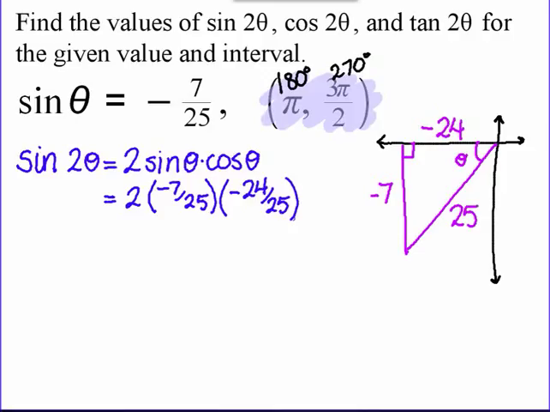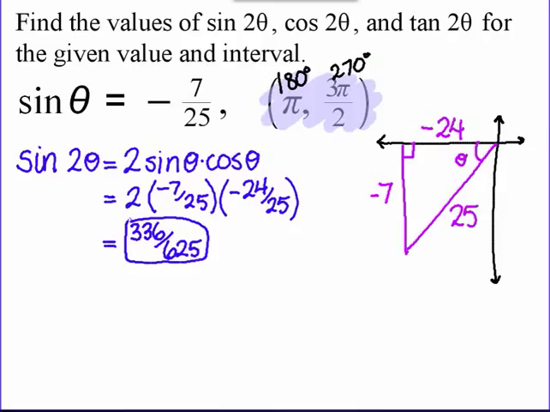And so now all I need to do is calculate that. The easy way to do that, take 2 times negative 7 times negative 24, or you can just take 2 times 7 times 24. 2 times 7 times 24 is? 336, thank you. Divided by 25 times 25, which is 625. Okay? So that is what sine of 2 theta is. So that is your first answer.